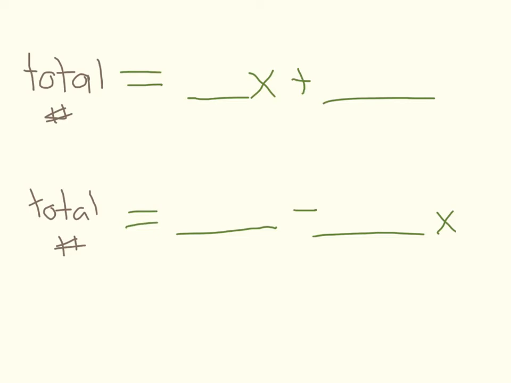And then the number in front of x is being multiplied by the x, so you're going to want to look for words that mean multiplication. So, per, miles per gallon, that would mean multiplication. You could also have each. Those keywords are the words you're looking for to see which number you're going to put in front of x.